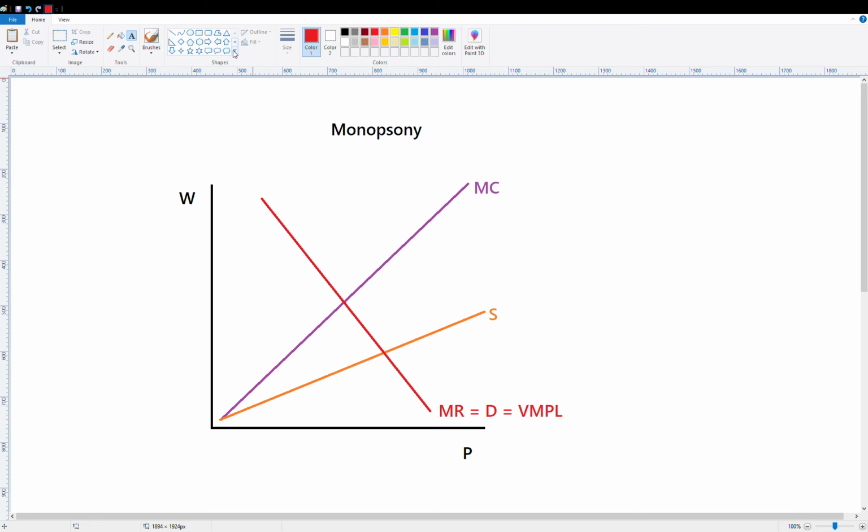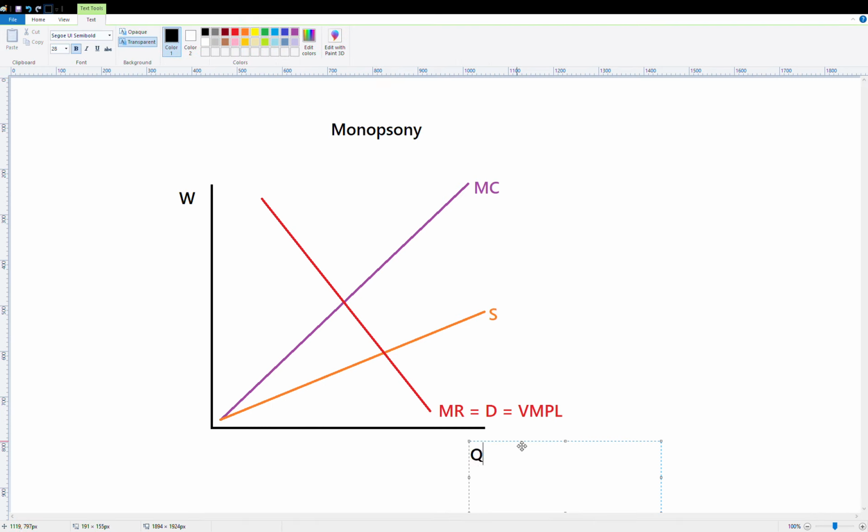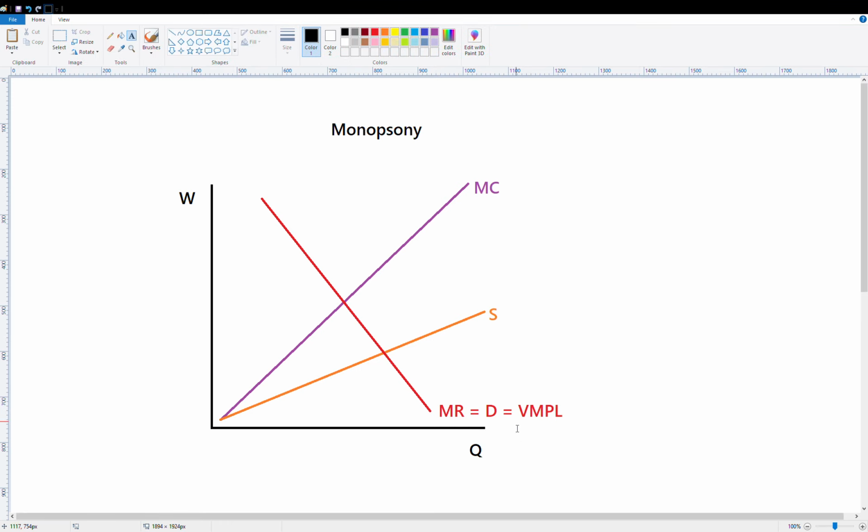So the amount of workers that they hire is still MR equal to MC.